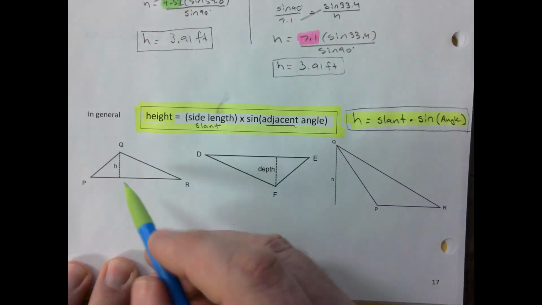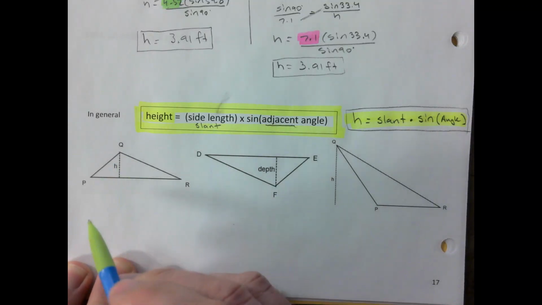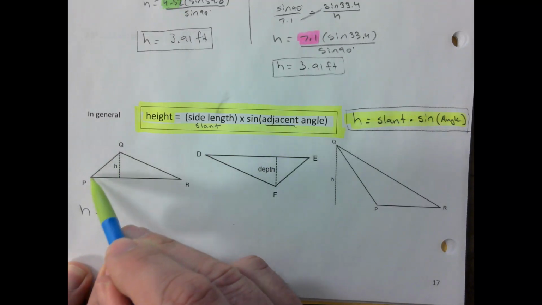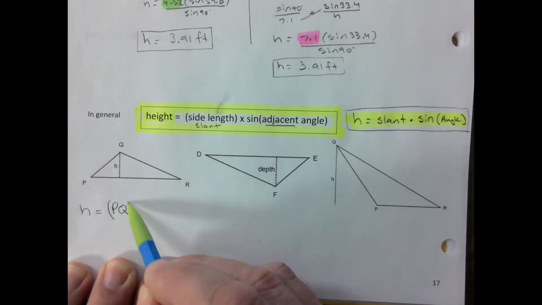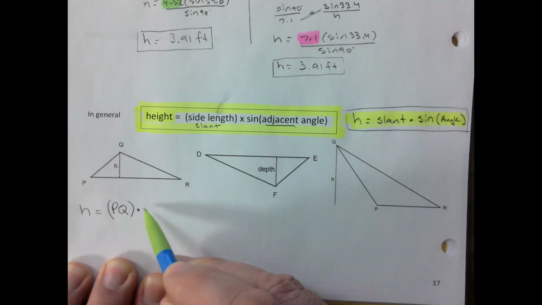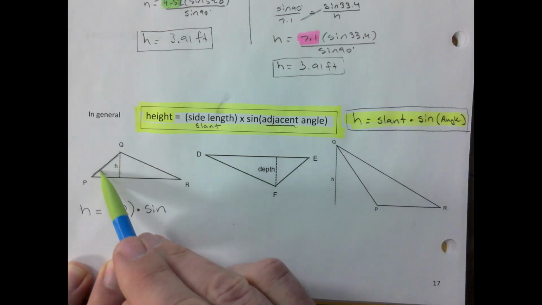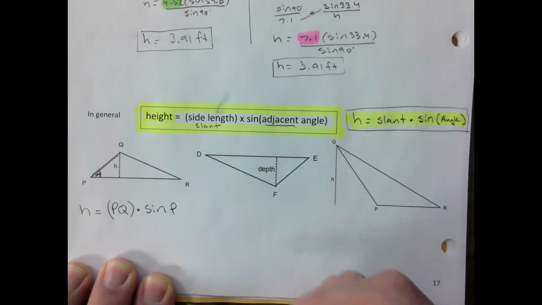So for example, over here, if you looked at this triangle and I asked you for the height, I would just say this: height is side PQ times sine of what? Which angle? Which one is touching PQ? This angle right here. So it'd be sine of P. What's the alternative?